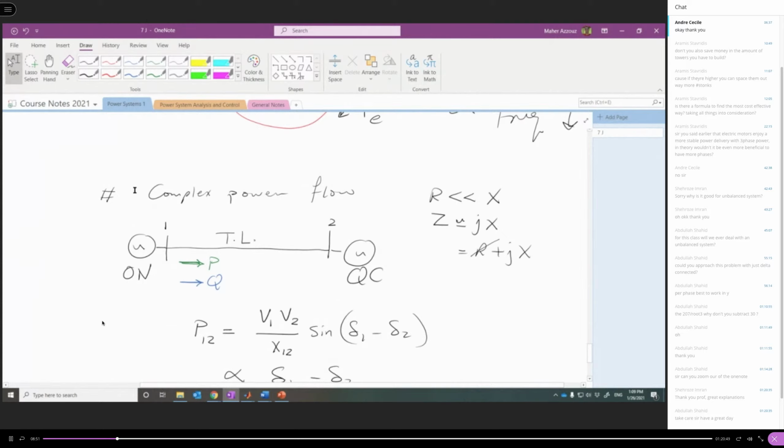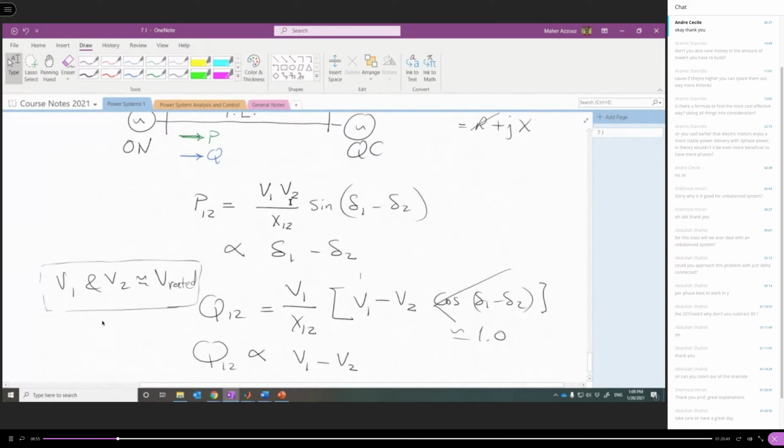There are a lot of details about complex power flow and how the maximum power is proportional to the voltage squared. So we call it the power capability, or the maximum power that can be transferred over a transmission line.